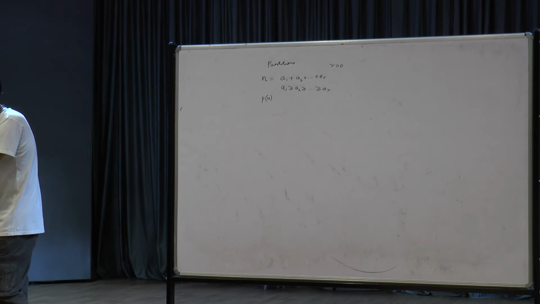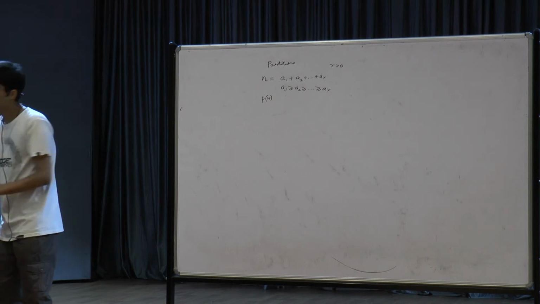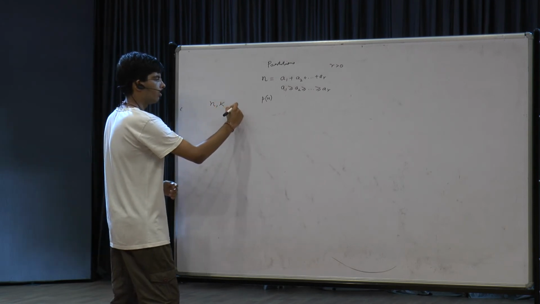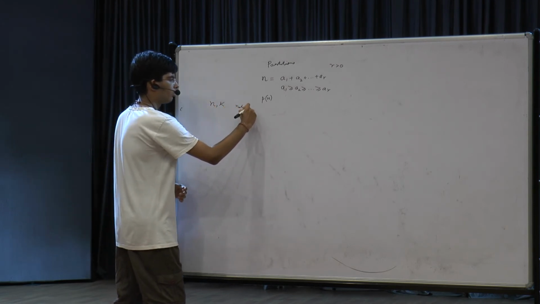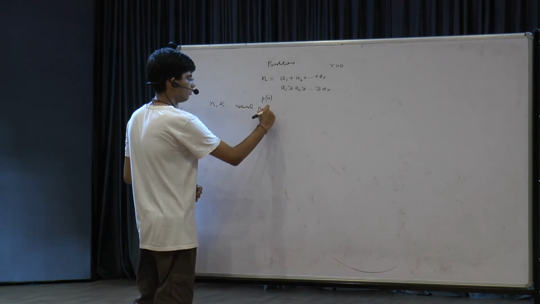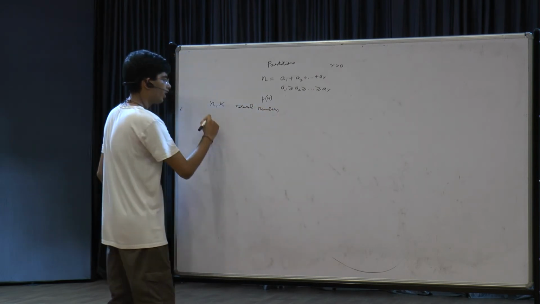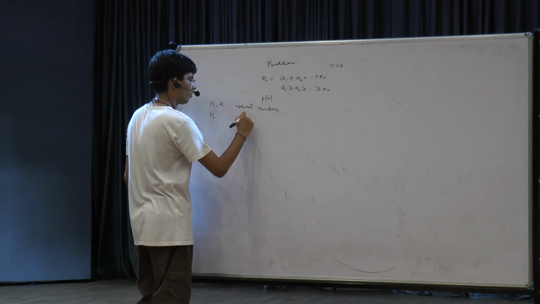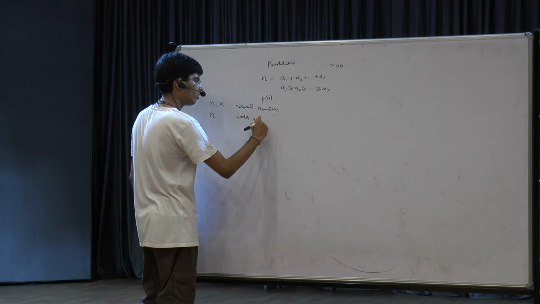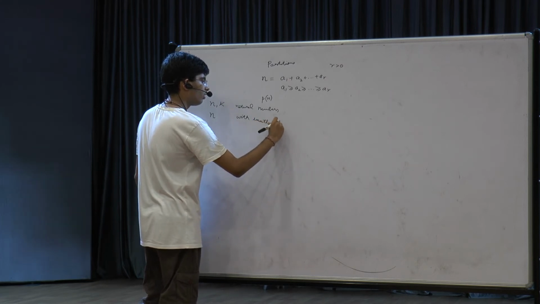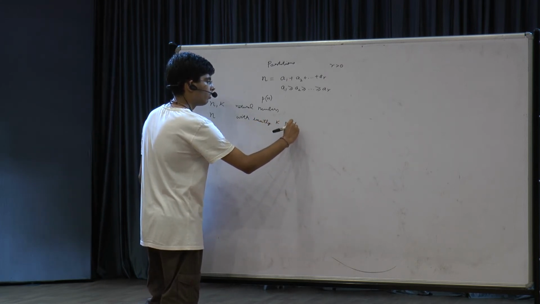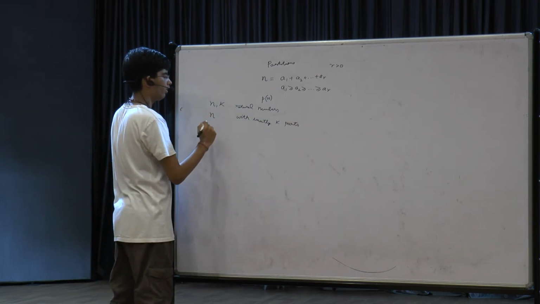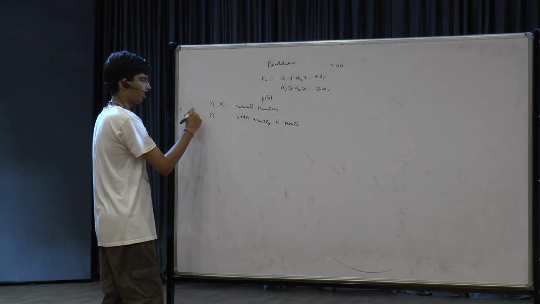So the problem is, let n and k be natural numbers. We look at the number of partitions of n with exactly k parts. This is one type of object.